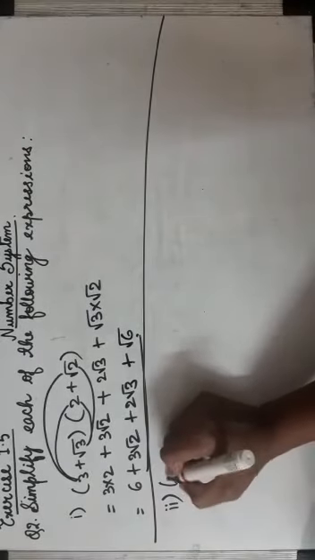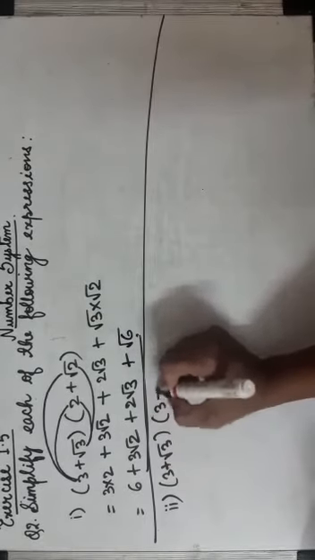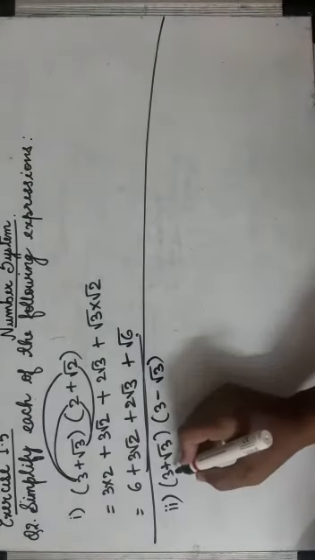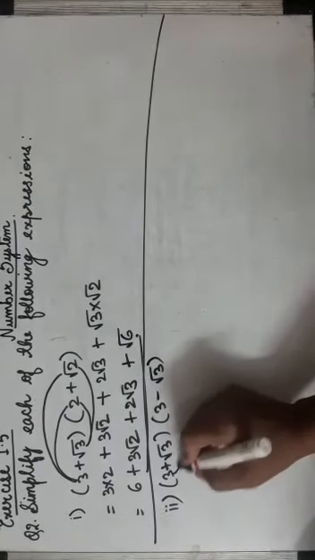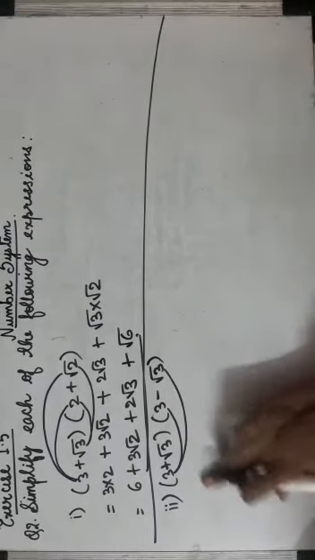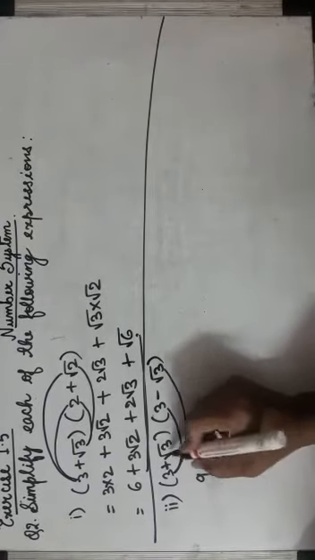Second expression is 3 plus root 3 in bracket 3 minus root 3. Now again the same way, multiply the second bracket with the first term. So 3 into 3, 9. Addition is there.